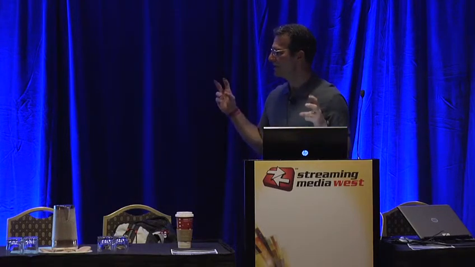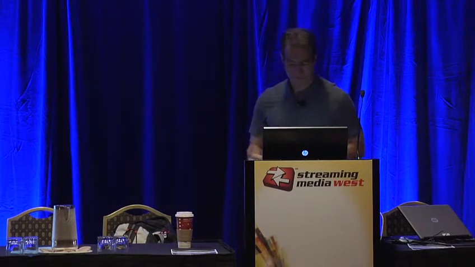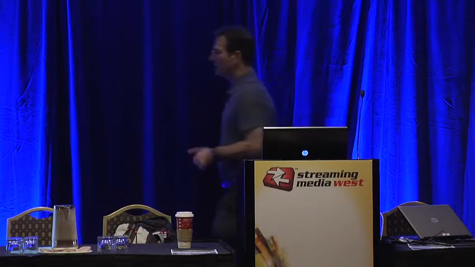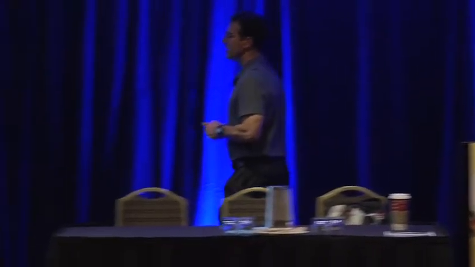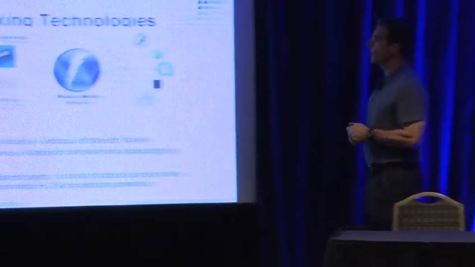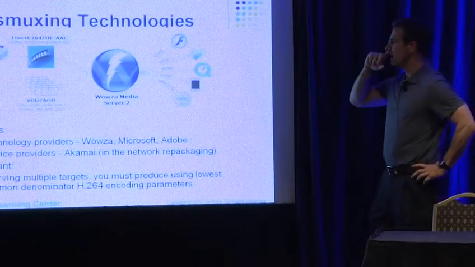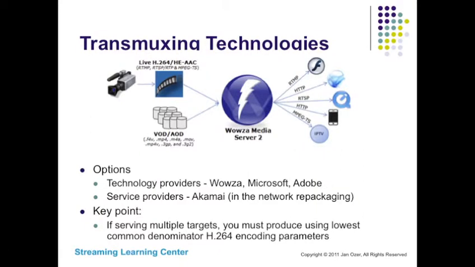Akamai did this. They call this in-the-network conversion. And I think Wowza was the first company to do it. And you can send Wowza any of the streams listed on the left, and they can, again, transmux. They're not re-encoding. What they're doing is rewrapping the file to serve Flash, Silverlight, QuickTime, iDevices, and IPTV.